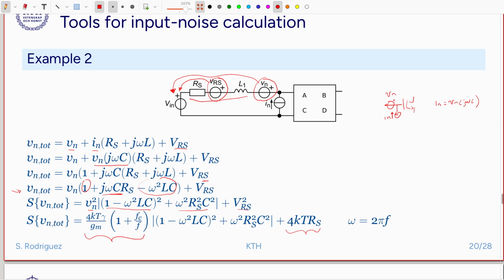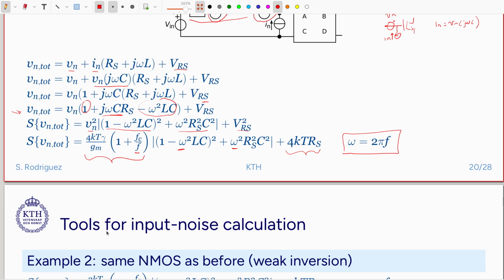Okay, so then we have some terms that depend on omega squared, and then we have terms that depend on f, and don't forget that omega is equal to 2πf, so we can actually change the omegas here to 2πf, but typically we keep the equation as it is. So we have the following equation.